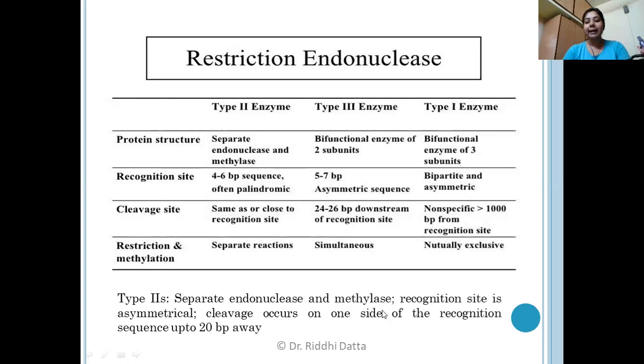So the exact site of cleavage cannot be predicted. But in case of type 2 enzyme, the cleavage occurs exactly inside the restriction site. So we can specifically predict where the cleavage will take place. So this is of real advantage, and so for molecular biology, we always select the type 2 restriction endonuclease.